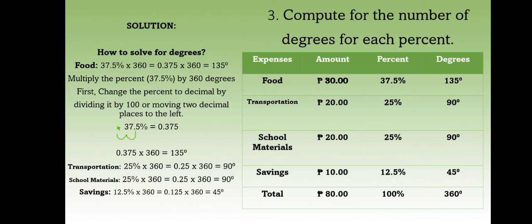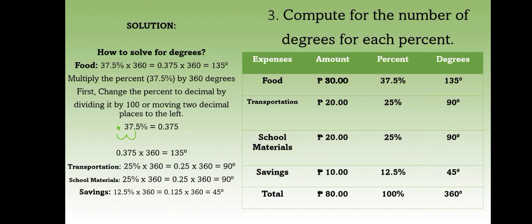Like this, 37.5% becomes 0.375. And that's the time we will multiply the decimal by 360 degrees and we get 135 degrees for food.